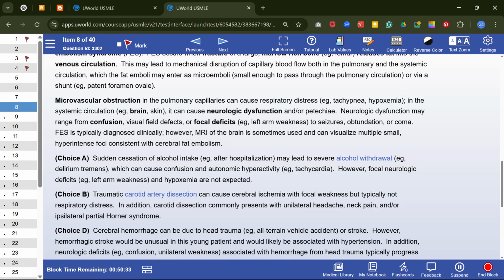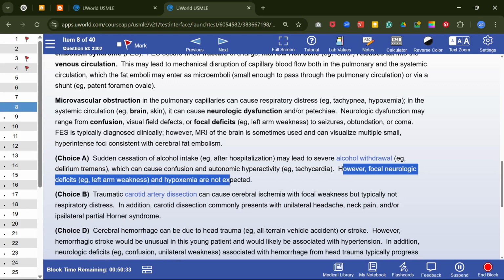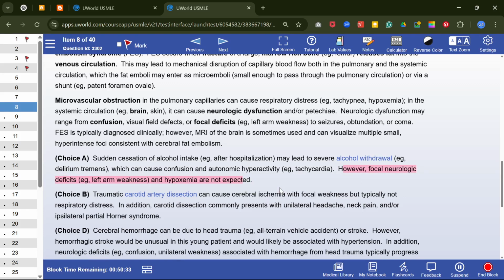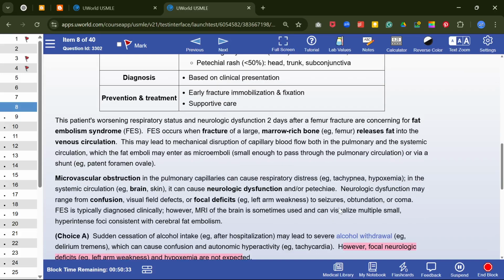However, focal neurologic deficit, left arm weakness, and hypoxemia are not expected. So focal neurological deficit and hypoxemia point the diagnosis otherwise.